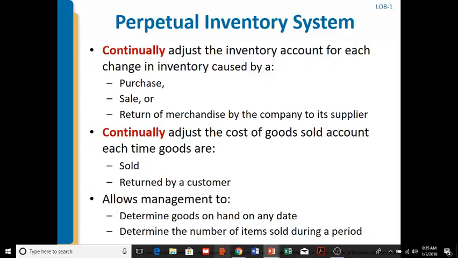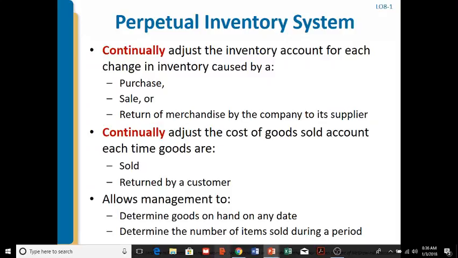With a perpetual inventory system, and more companies are going to such systems because of the ease of establishing such a system, plus the efficiency that it gives management to determine where they are as far as their inventory levels, their inventory costs, and such things as that. Perpetual inventory systems are becoming more and more prevalent, much more so than periodic systems.